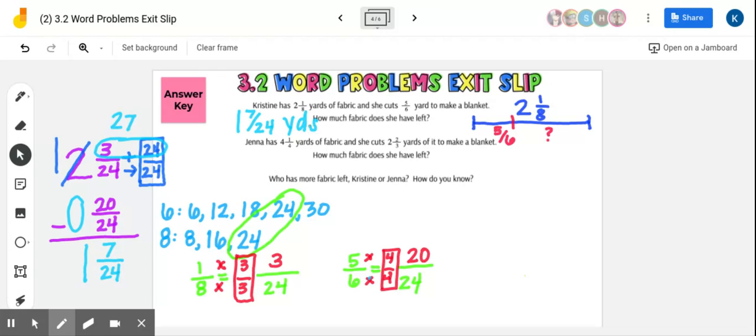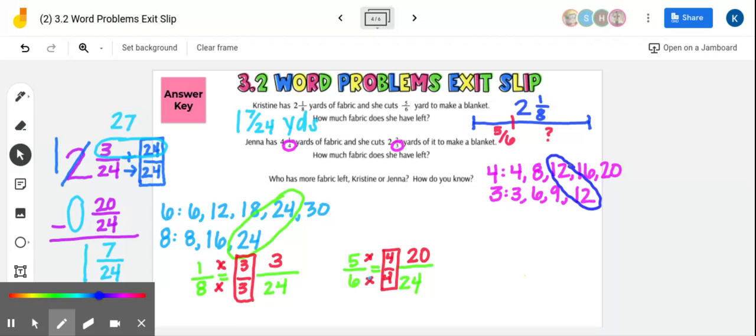We are now going to do the same thing for Jenna, okay? And I should have read this problem to you before, but I've already read it. So Jenna has 4 1/4 yards of fabric, and she cuts 2 2/3 yards of fabric to make a blanket. How much fabric does she have left? So I'm going to find the LCM of 4 and 3.